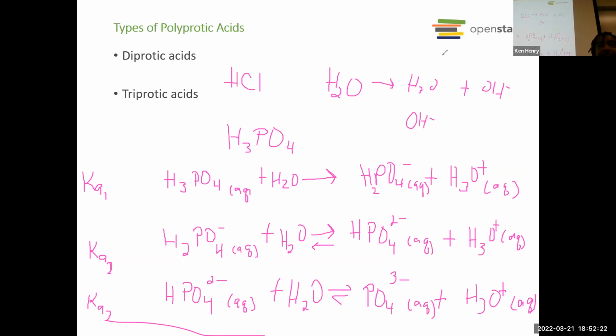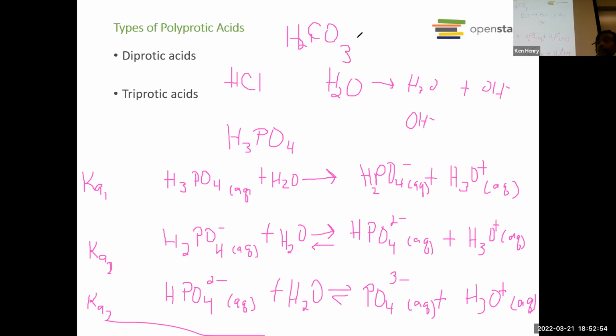We're going down the list. Come on. Anything else? Hydrocarbonic. H2 carbonic acid, right? Not hydrocarbonic, carbonic acid.